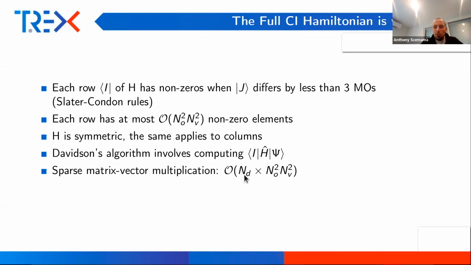And as the number of determinants is usually larger, you see that with Davidson's algorithm, at each iteration the cost could be brought down to something proportional to the number of determinants.